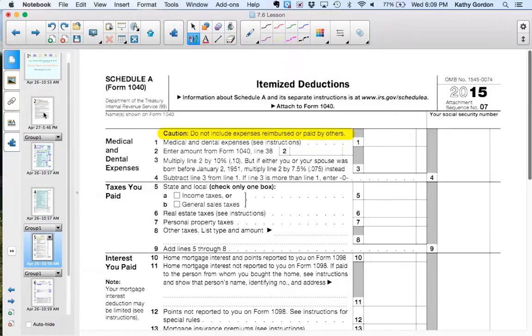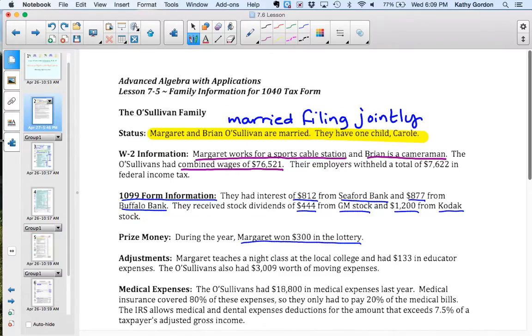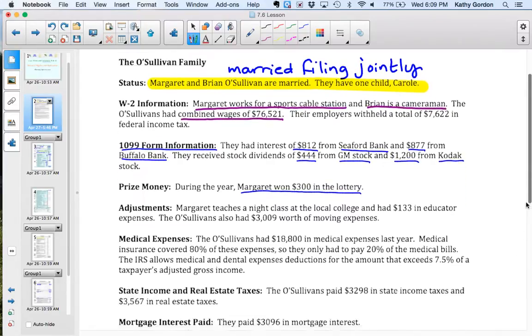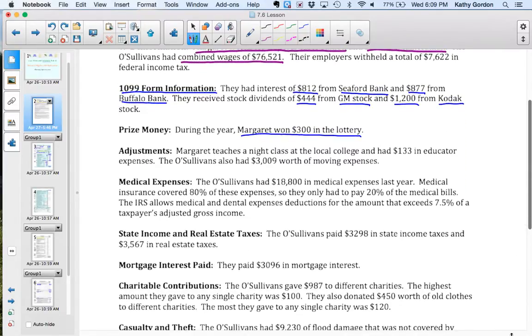So if we look at the O'Sullivans' information, and we look down here at medical expenses, we are told that the O'Sullivans had $18,800 in medical expenses last year. They have an insurance coverage where the medical insurance pays for 80% and they have to pay 20%.